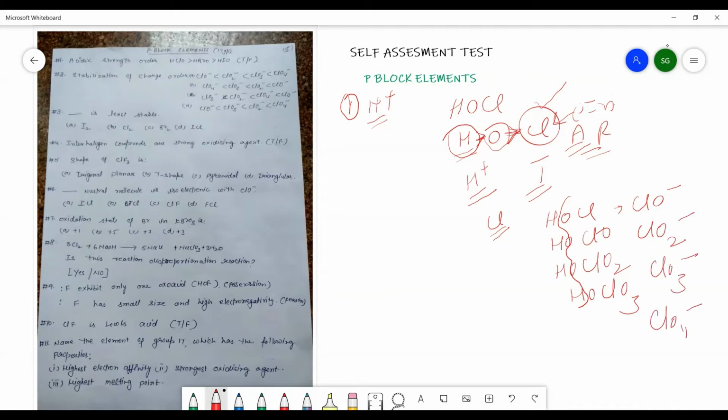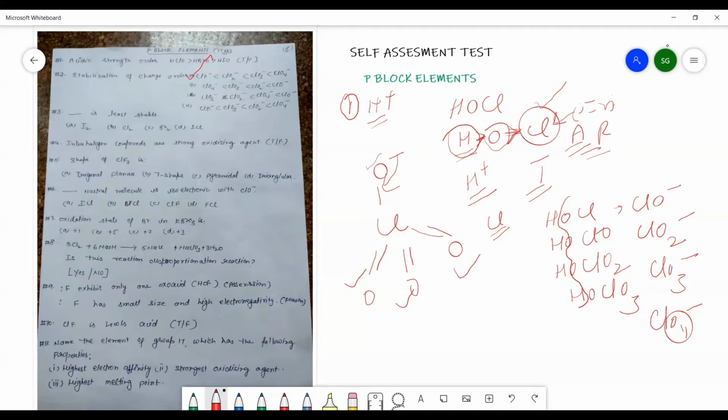Now charge stabilization depends upon the number of oxygen atoms. This is the structure of ClO4 minus. You can see that this negative charge will be dispersed among the 4 oxygen atoms. So you can say the answer for this question is A. That is, the charge stabilization is more whenever the number of oxygen atoms is more.